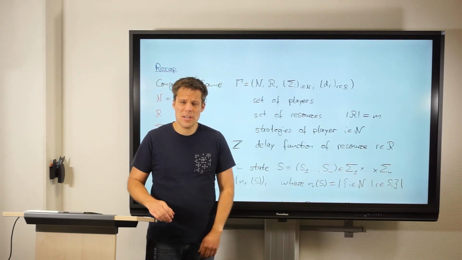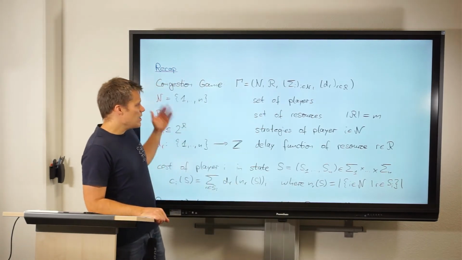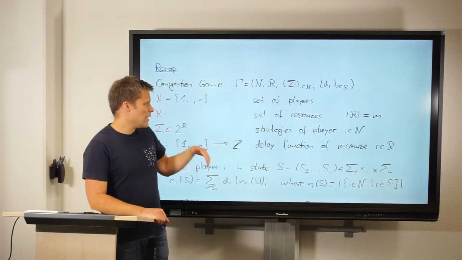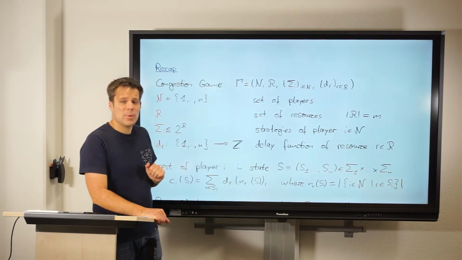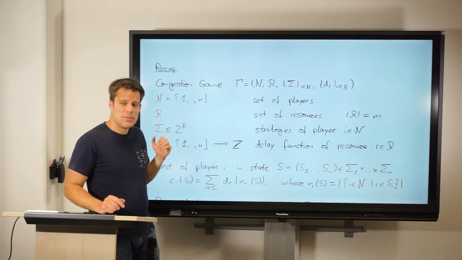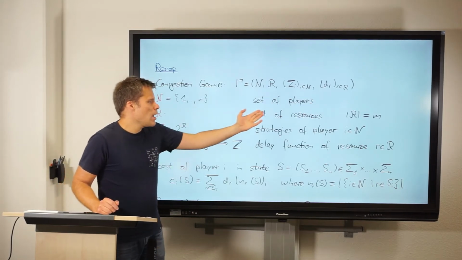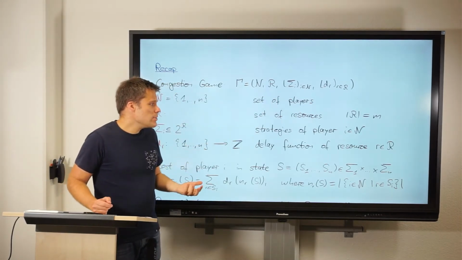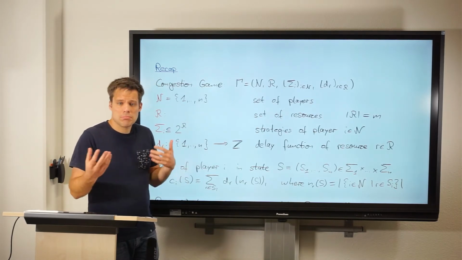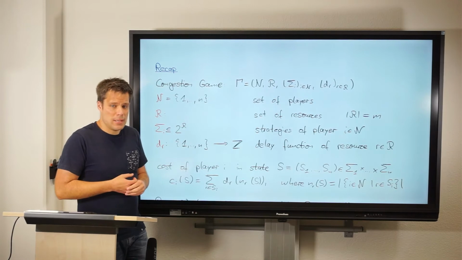So first of all, what is a congestion game? A congestion game consists of these four elements, namely a set of players, n, which we usually call 1 through n, a set of resources. We always say these are m resources. These might be edges in a graph, for example, but this might also be something else.